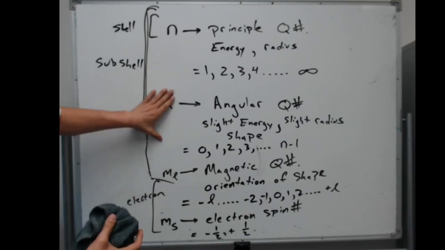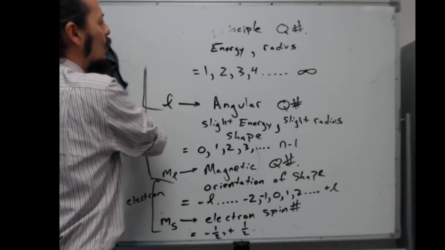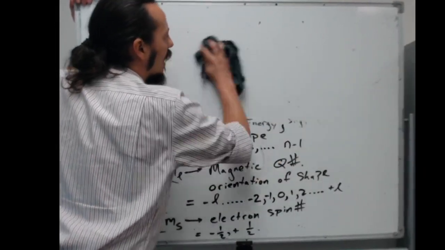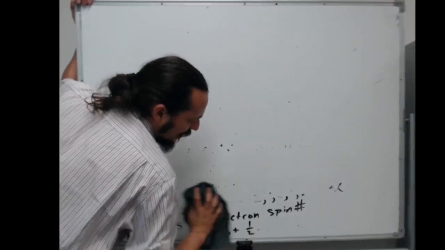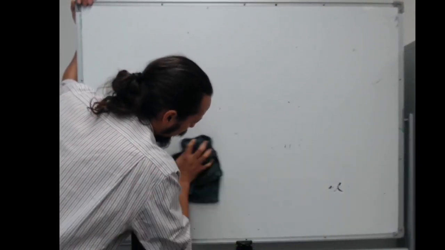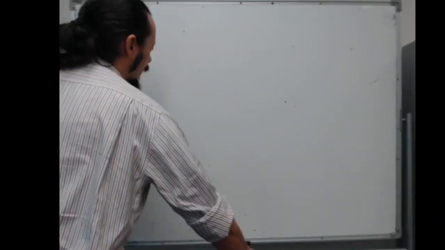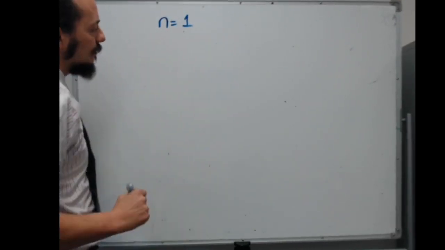I'm going to start with really looking at the shapes, because I feel like having a more visual representation gives us a better idea that we're really just looking at a mathematical function. And we'll do that while we also look at how the numbers are restricted. So we're going to start with the n equals 1 case.